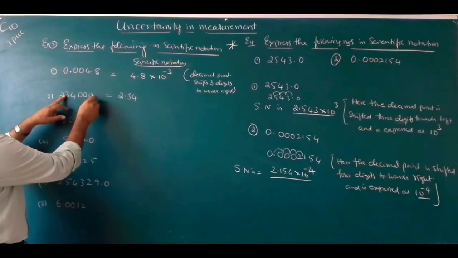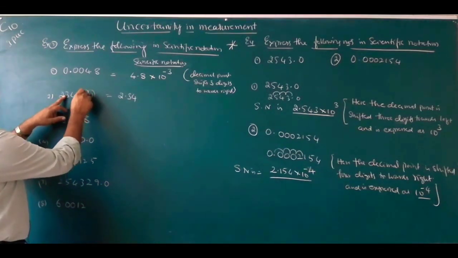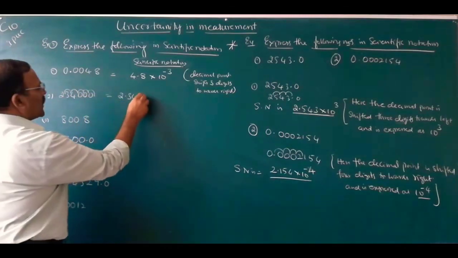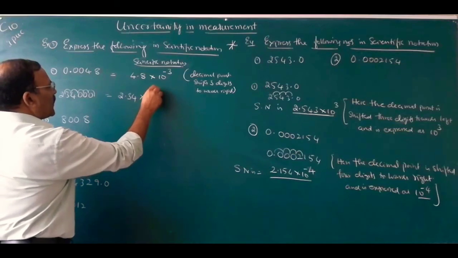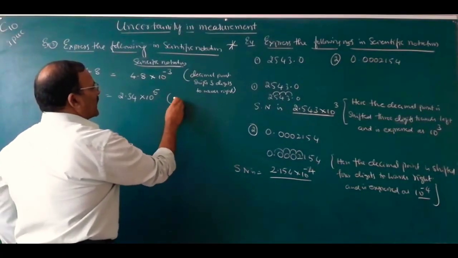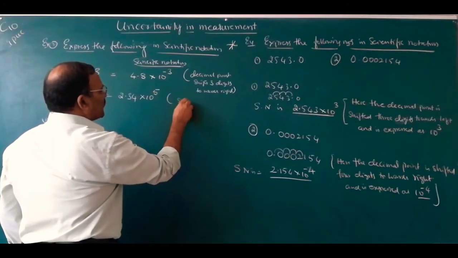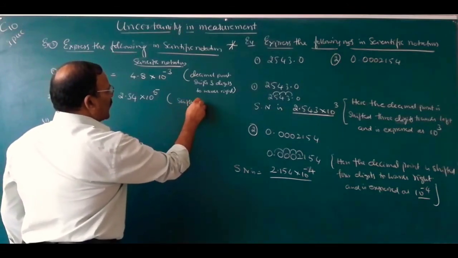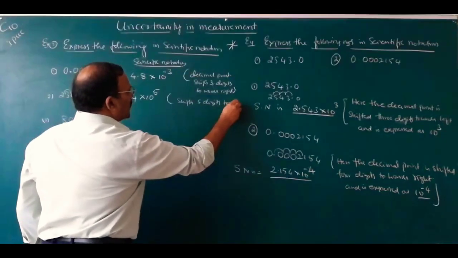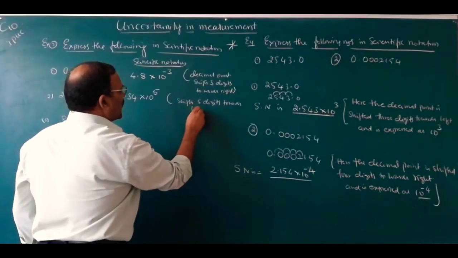How many digits does it have to shift? 1, 2, 3, 4, 5. So into 10 to the power of +5, because the decimal point shifts 5 digits towards left.